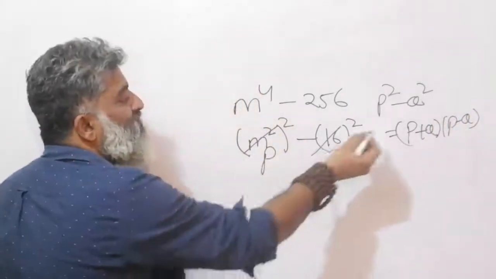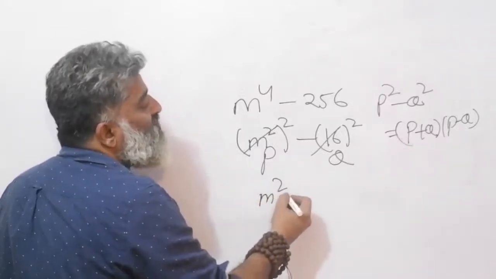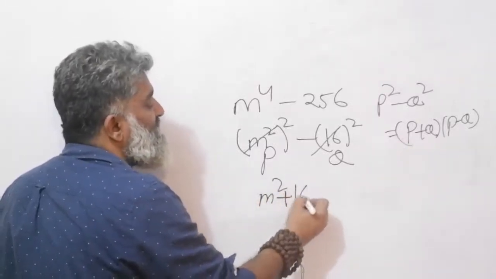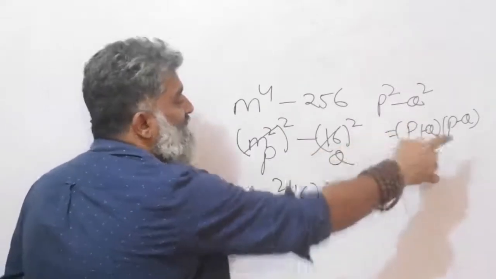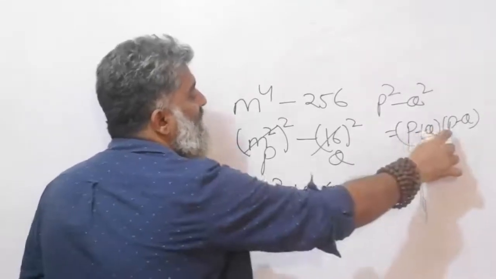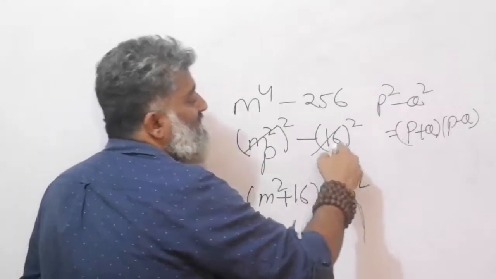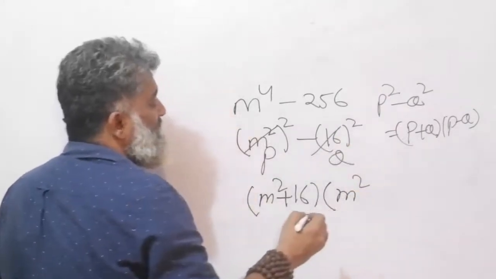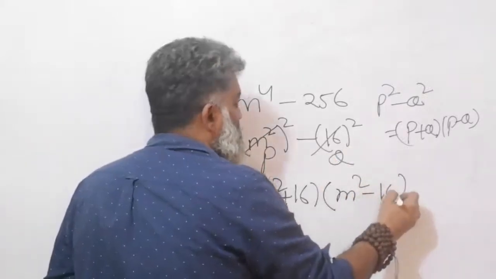So p plus q, instead of p I have m square, instead of q I have 16, so m square plus 16, and for p minus q I know p is m square and q is equal to 16, so m square minus 16.